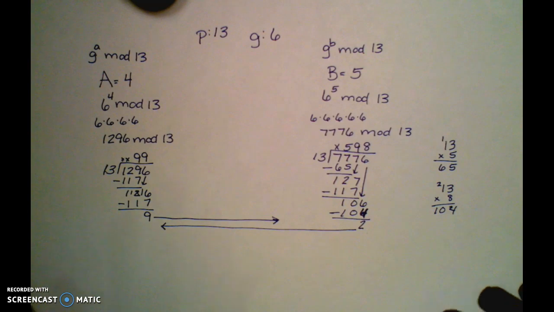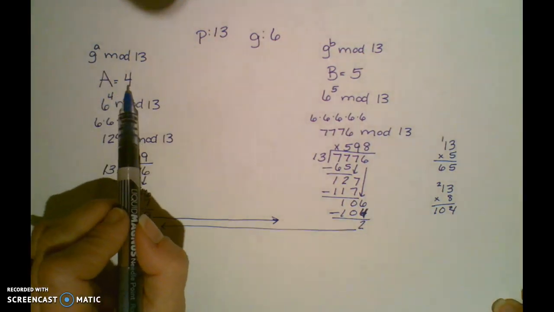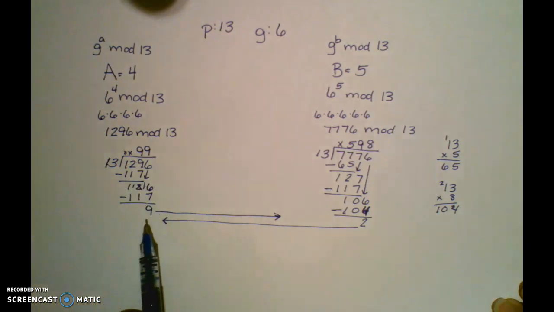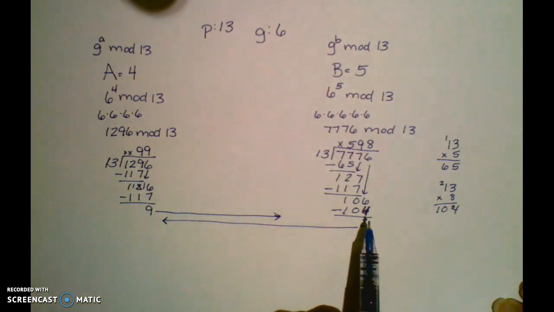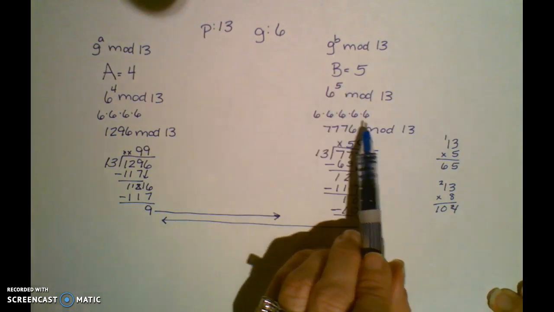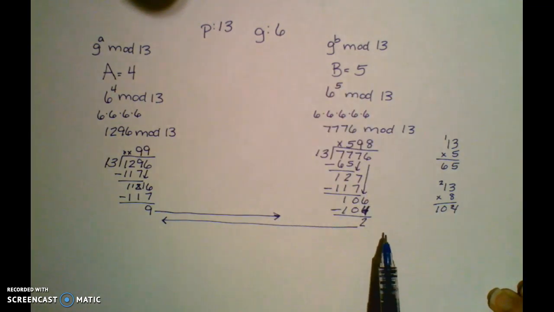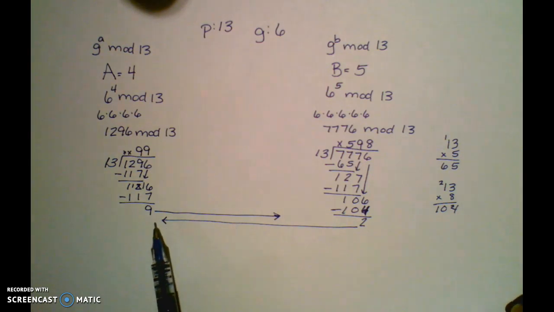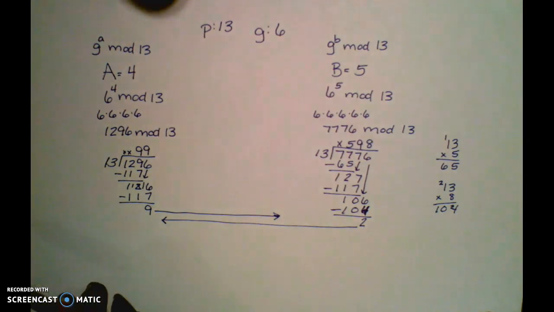So now, let's review. Alice chose a secret number, works the algorithm, and sends her remainder to Bob. Bob has chosen a different secret number, has worked the algorithm, and sent his number to Alice. Good? All right.